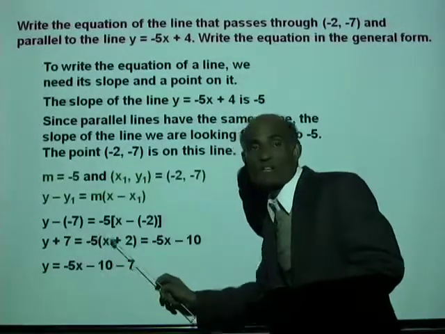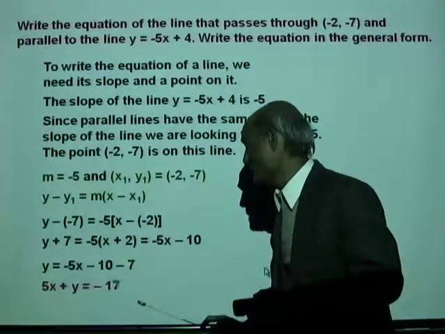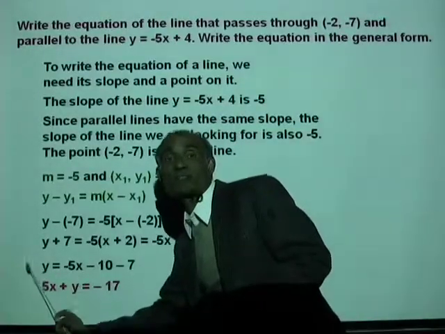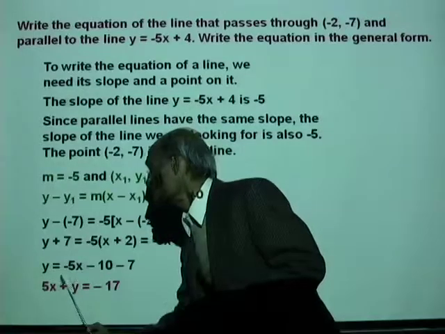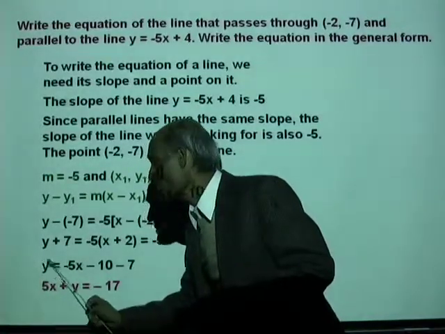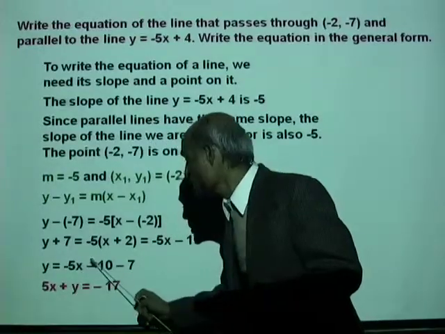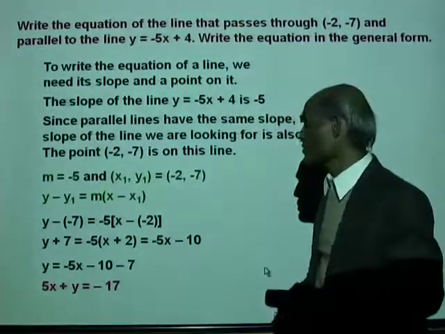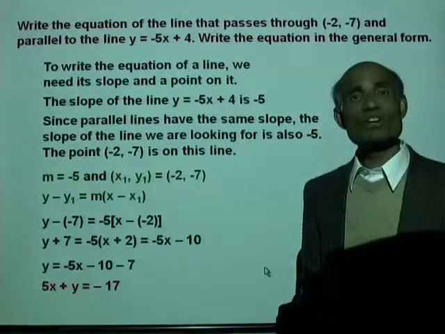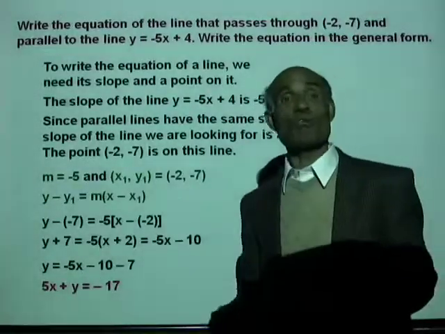We first move that 7 to the right, and now you move the -5x to the left. It becomes positive 5x. Positive 5x plus y equals -10 minus 7, which is -17. That is the equation of the line in the general form.